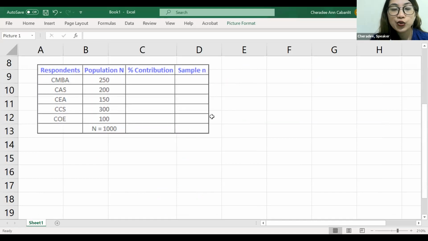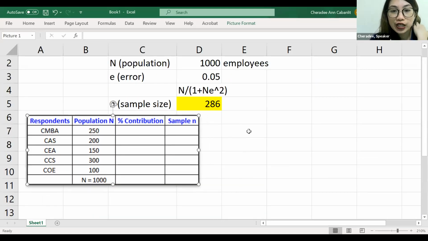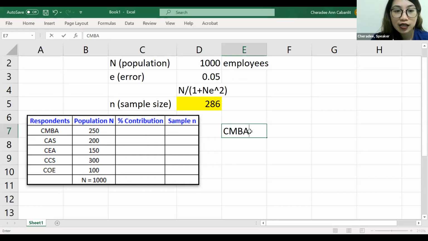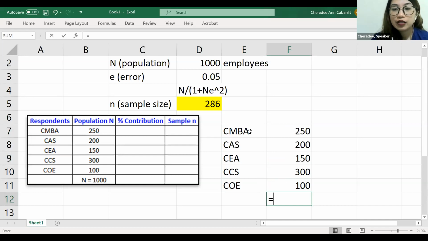So our goal is to get the contribution first. So let's say CMBA, CAS, SEA, CCS, COE, okay? That's 250, 200, 150, 300, and 100. So you add them all up, it's 1,000.